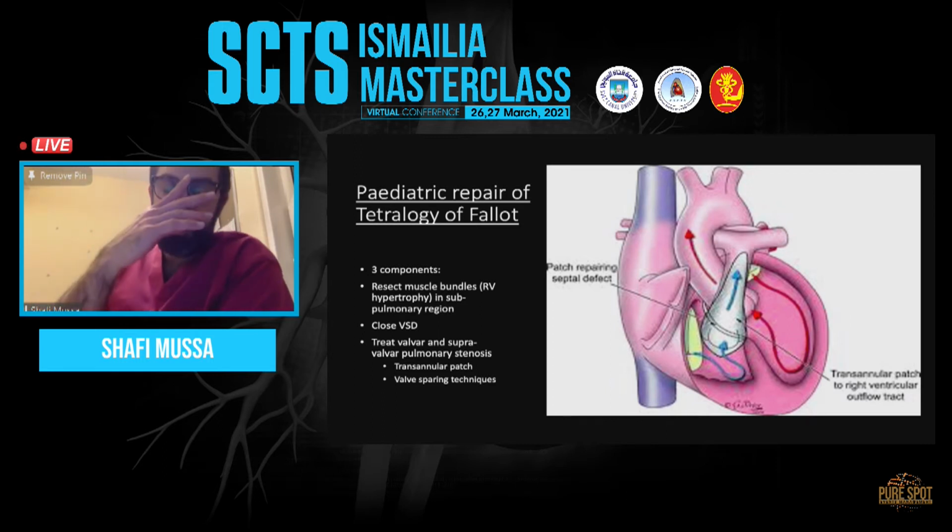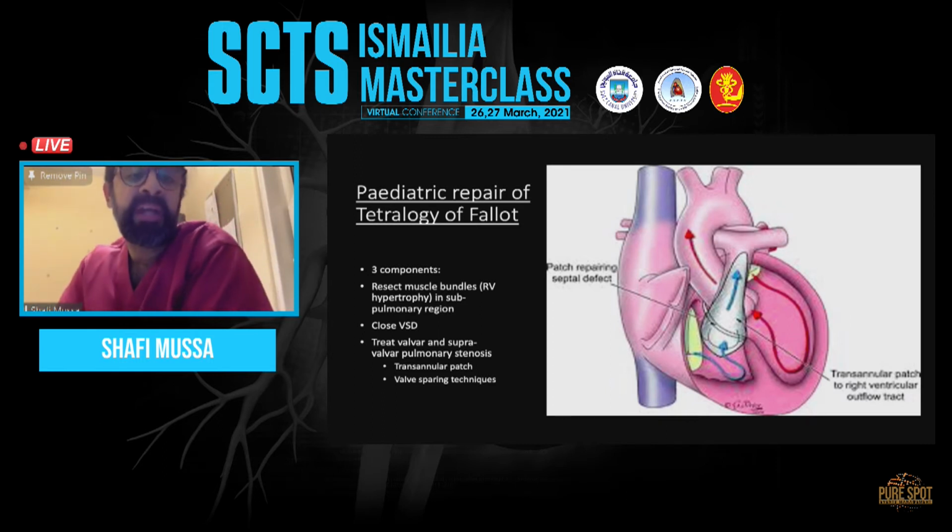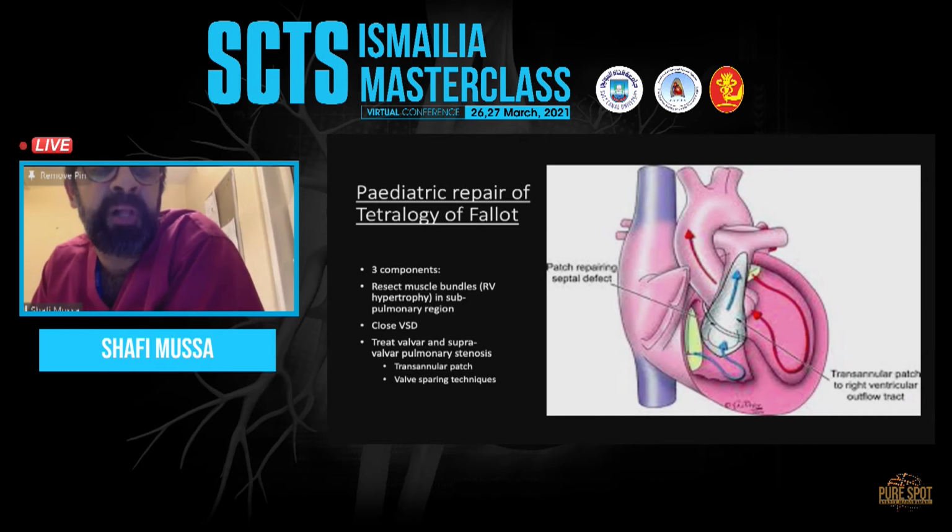Now that may either be with a patch that extends across the annulus of the pulmonary valve and therefore renders the pulmonary valve incompetent, or, if the valve annulus is adequately sized, by using a valve sparing technique where one may be able to patch above and below the annulus to try and ensure that the right ventricular outflow tract is of a good size.